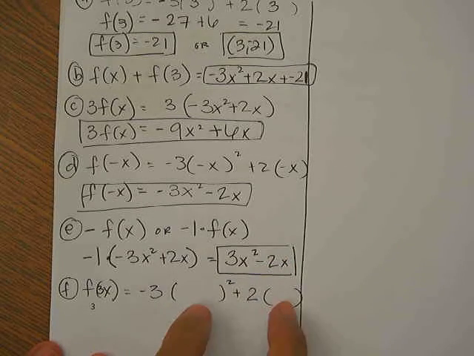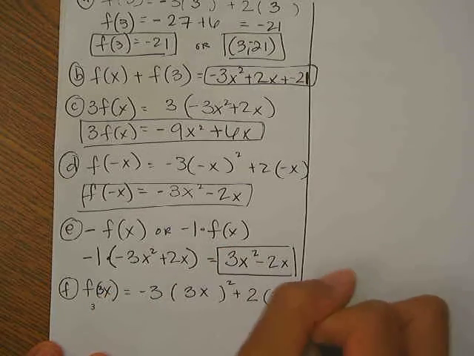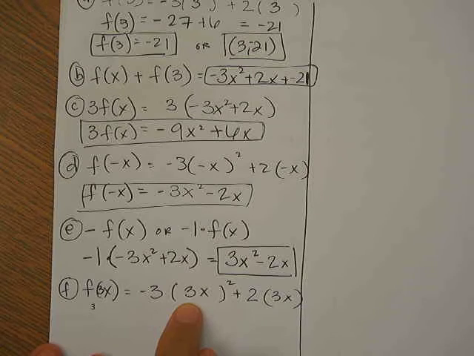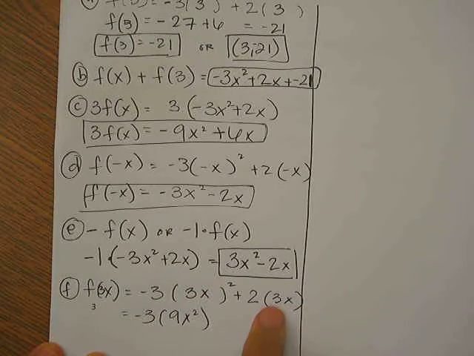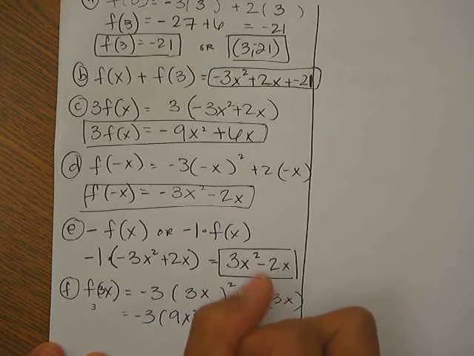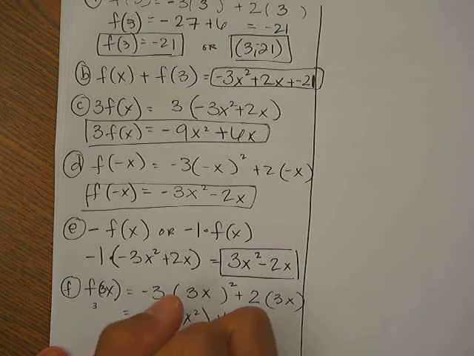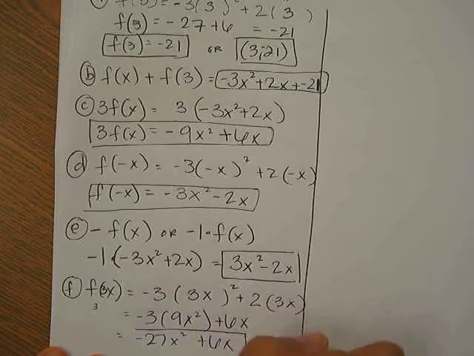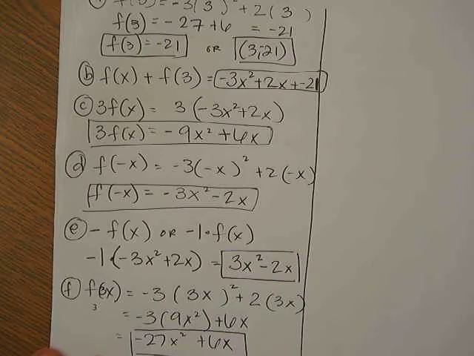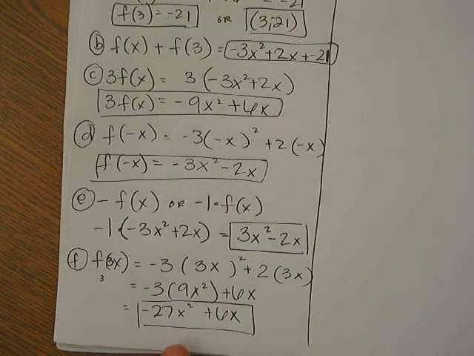These two blank spaces, this is where I'm going to put in 3x. Let's simplify this. 3x squared is going to be 9x squared. So negative 3 times 9x squared is negative 27x squared. 2 times 3x is going to be positive 6x. So f of 3x will result in negative 27x squared plus 6x.